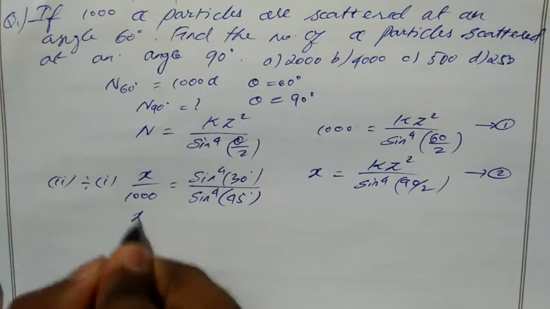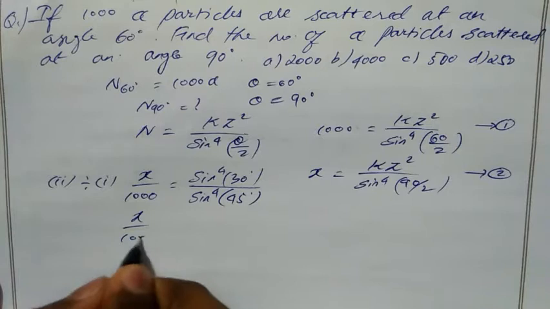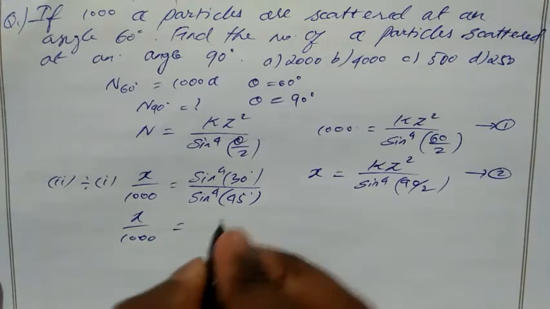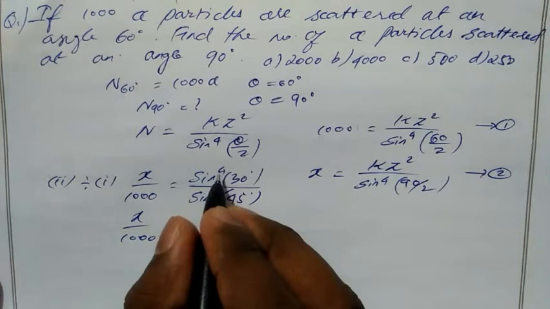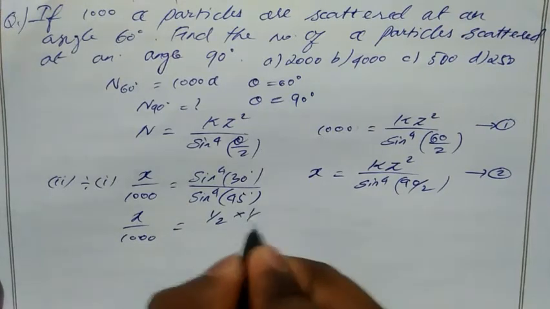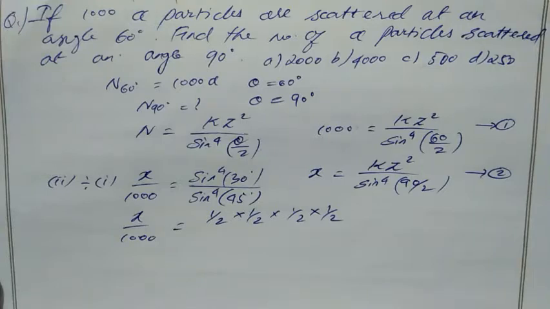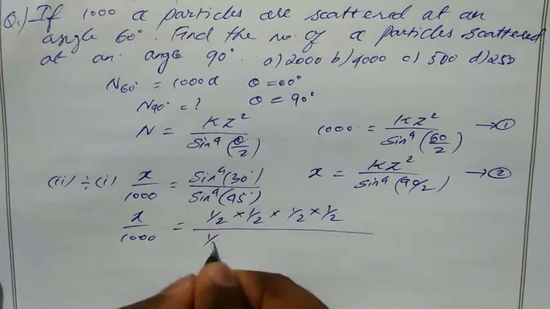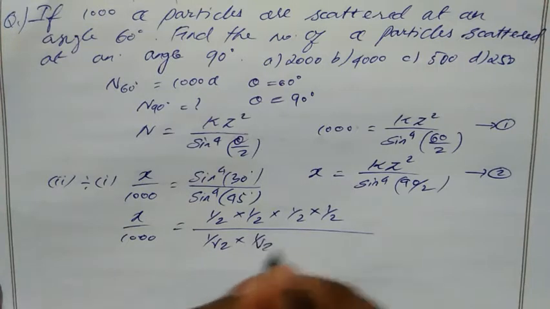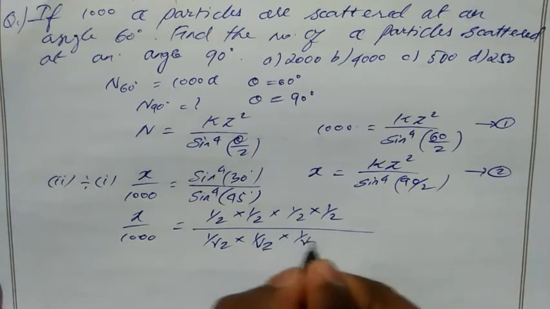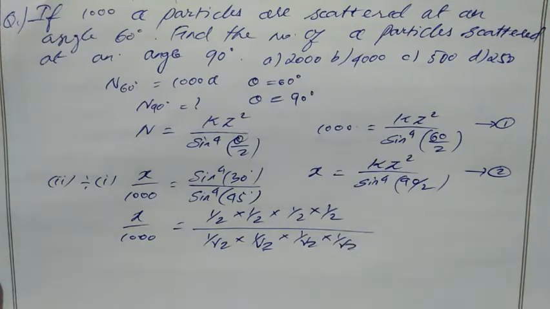So the value of sine 30 degrees will be 1 by 2. Here we have sine power 4, so 4 times 1 by 2, then 4 times the sine 45 value. Sine 45 is 1 by root 2, so 1 by root 2 into 1 by root 2 into 1 by root 2 into 1 by root 2.